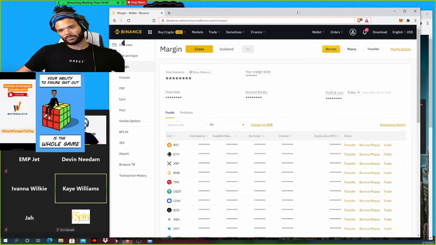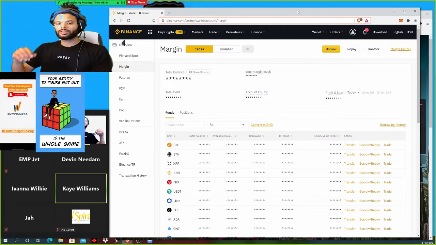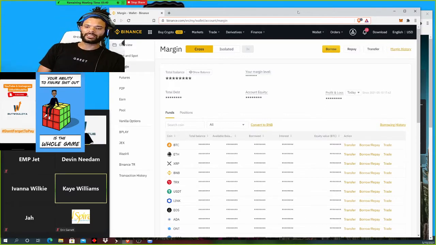Basically, any cryptocurrency wallet that you own is not considered a taxable event when you send crypto to and from it, right? But the issue comes up because we're not technically saying that we own this Binance account.